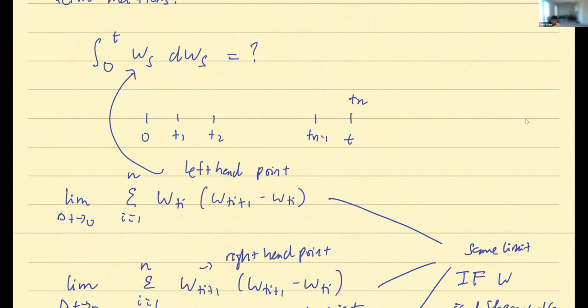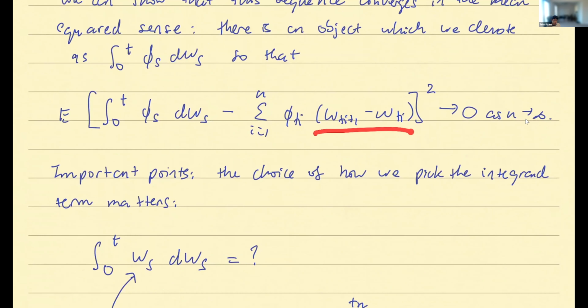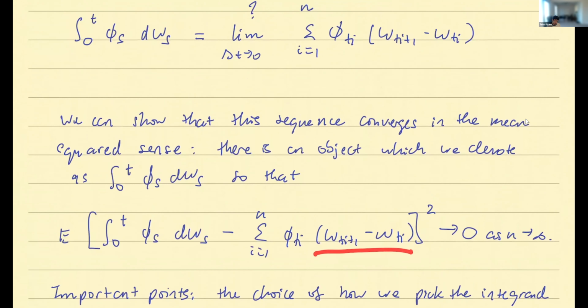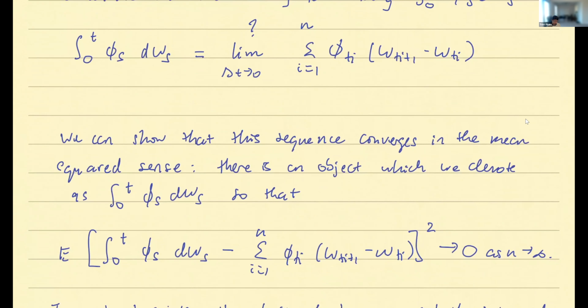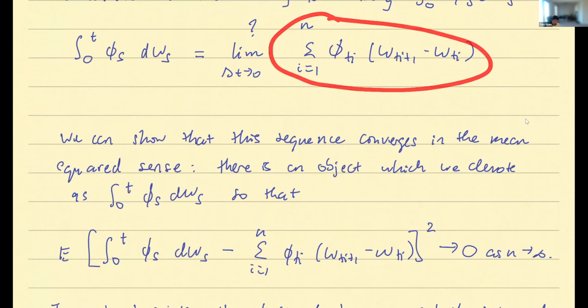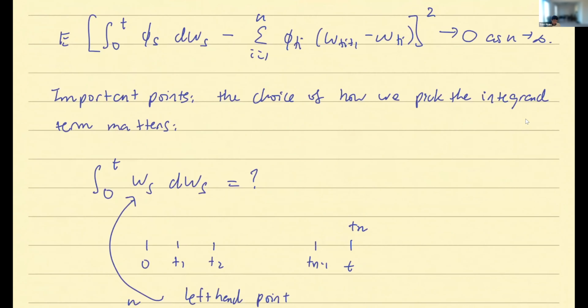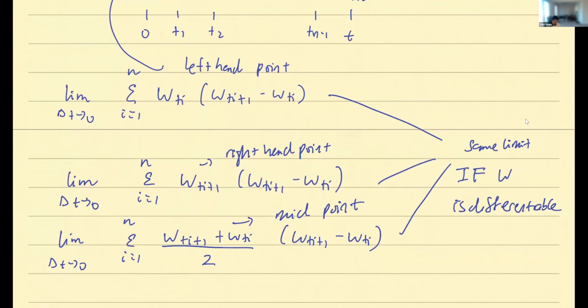On the other hand, because W is nowhere differentiable, the discussion above just tries to say that when you do this, there is an object that it will converge to. But it turns out that this object is highly dependent on what choice you pick here. Each choice will be different for Brownian motion.